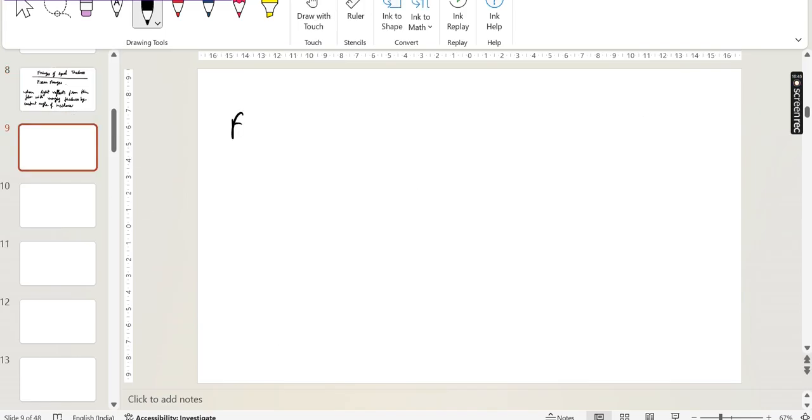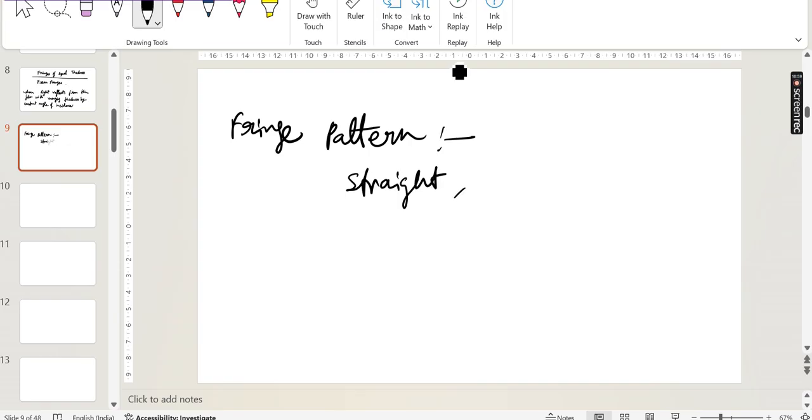So the fringe pattern for this kind of fringes is straight, parallel, and perpendicular to the direction of thickness variation.